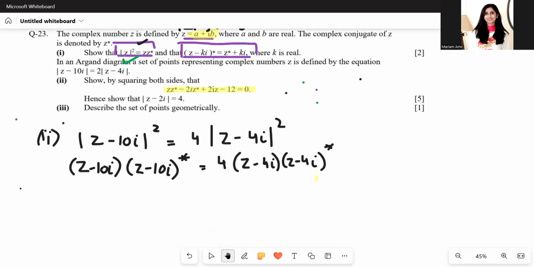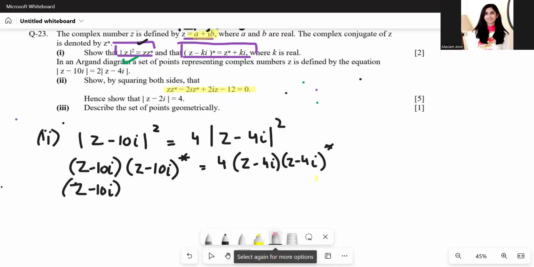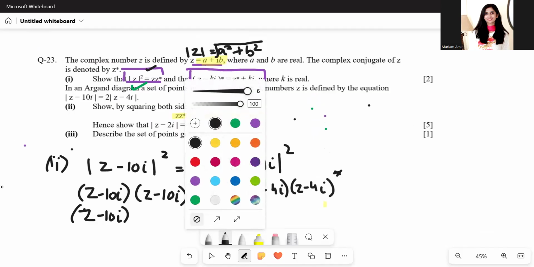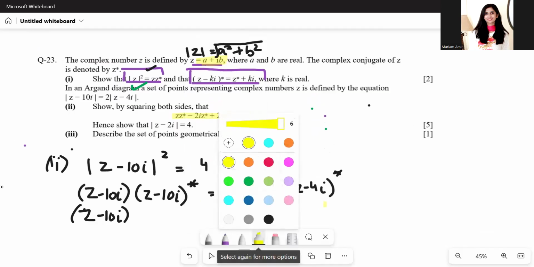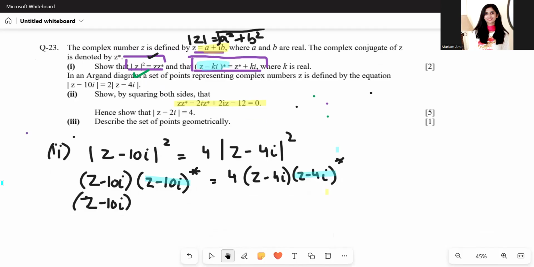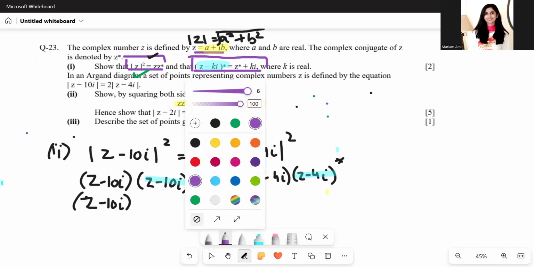Now we're going to use the other identity given. This will be expanded using this, and this will be expanded using this, which says z minus ki conjugate is equal to z conjugate plus ki.